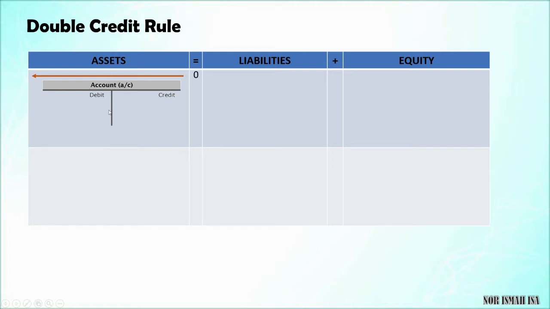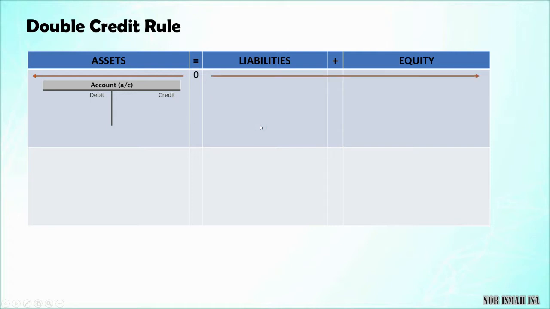We divide this asset part into two parts, one is debit and another one is credit. The credit side is the amount which decreases towards zero. So when the amount is increasing, it is at the debit side. We can say that as the asset increases, it should be recorded on the debit side, and as the amount of asset decreases, it should be recorded on the credit side.